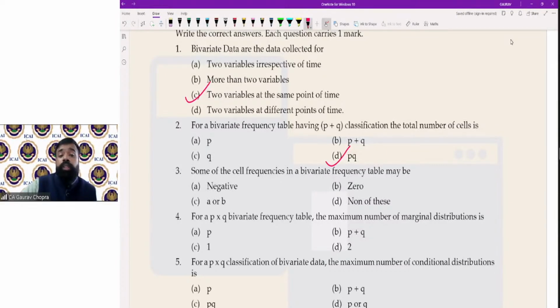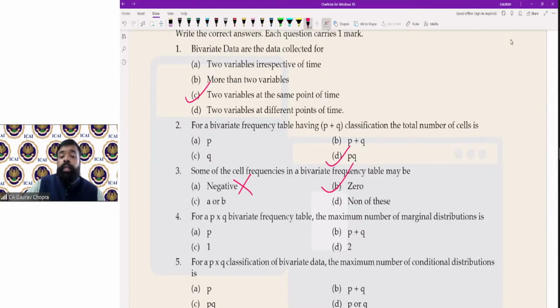Third, sum of the cell frequencies in bivariate frequency table may be. सेल फ्रीक्वेंसी, इन शॉर्ट फ्रीक्वेंसी की बात हो रही है, तो फ्रीक्वेंसी की वैल्यू क्या नेगेटिव हो सकती है कभी? नो. लाइक नंबर ऑफ पर्संस, -1 -2 क्या पॉसिबल है? नो. तो फ्रीक्वेंसी कैन नेवर बी नेगेटिव. क्या जीरो हो सकती है? यस, इट कैन बी जीरो.